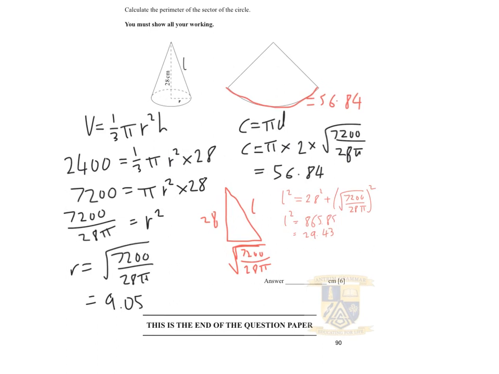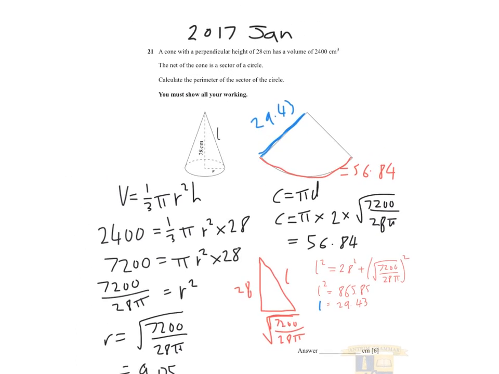That L, which we put in blue, is this bit here. So that's 29.43. What are we trying to work out? We're trying to work out the perimeter of the sector.